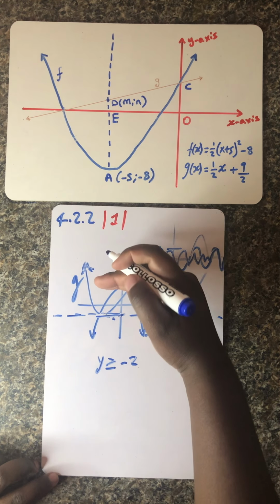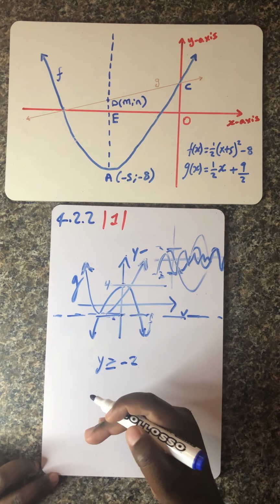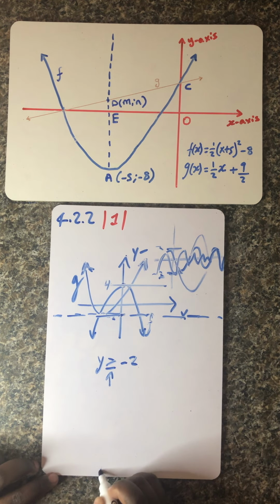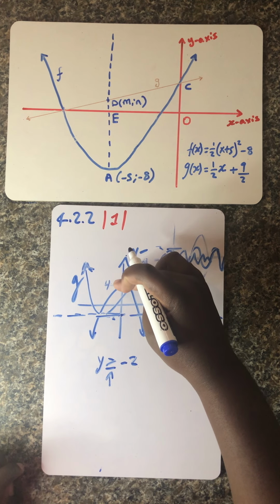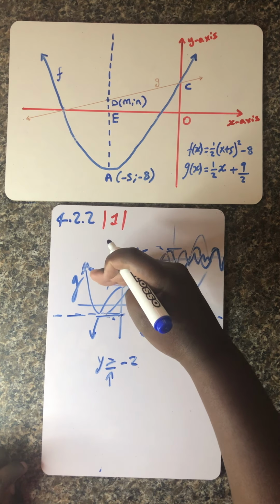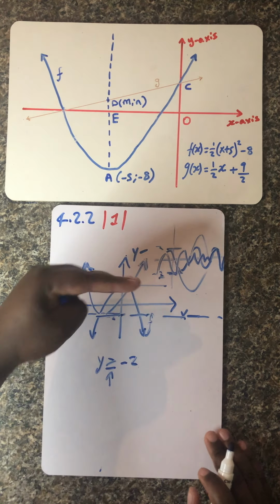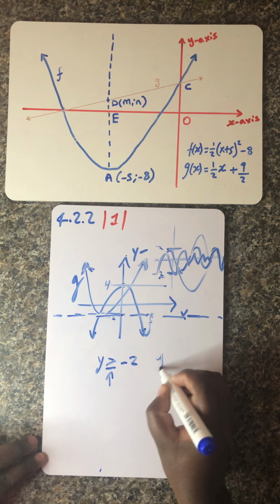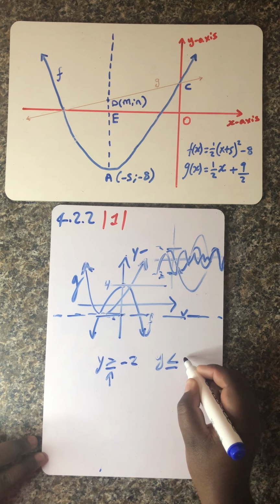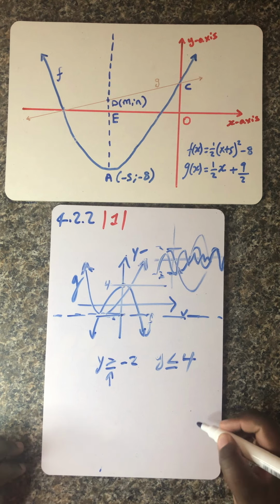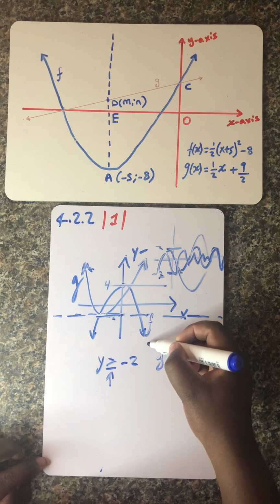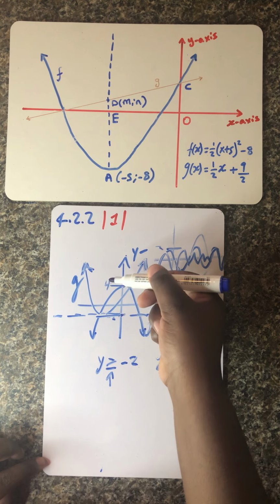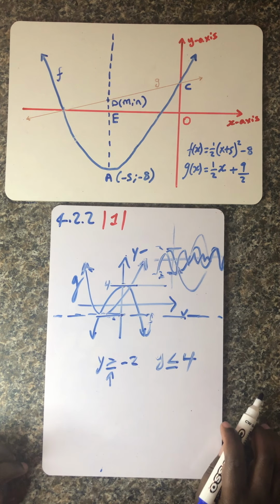So when it goes down, in terms of this sign, you use less than, because anything less is the direction in which this graph is heading. So that means y is less than or equal to 4. In short, we're saying this graph can only go up to 4, and then from there it goes down and down to infinity.